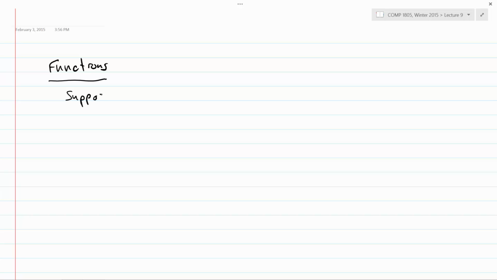So suppose we want to map one set to another set. So what does that mean? Well, given an element of one set, let's call it A, or the input, we want to return an element of the other set, let's say B, the output.